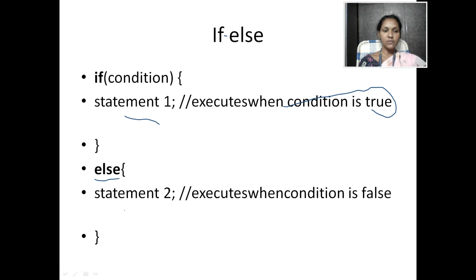If the condition is false, we go to the else block. The syntax is if, specify the condition in the if block only, open brace, the statements we want to execute, close it, and after that we write the else block, else with statement 2, and close it. It executes when the condition is false.